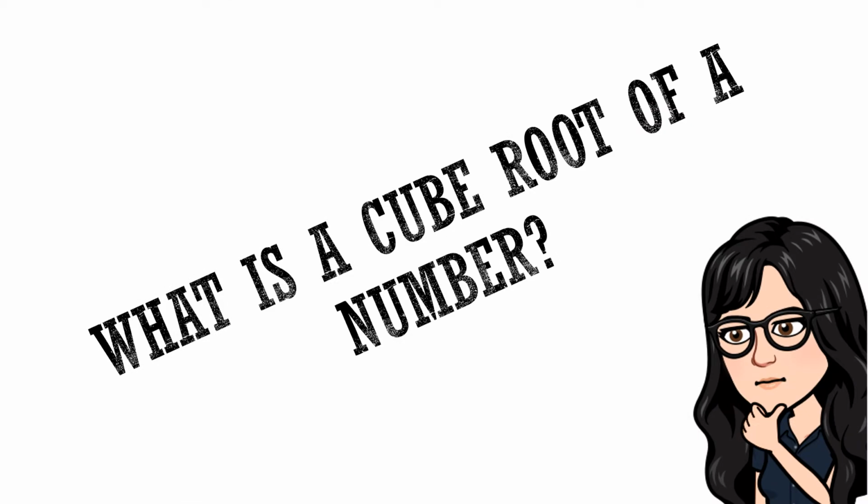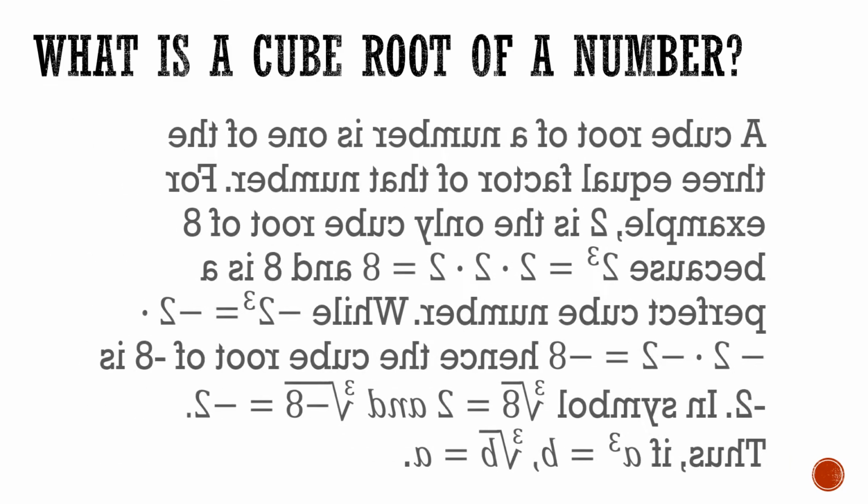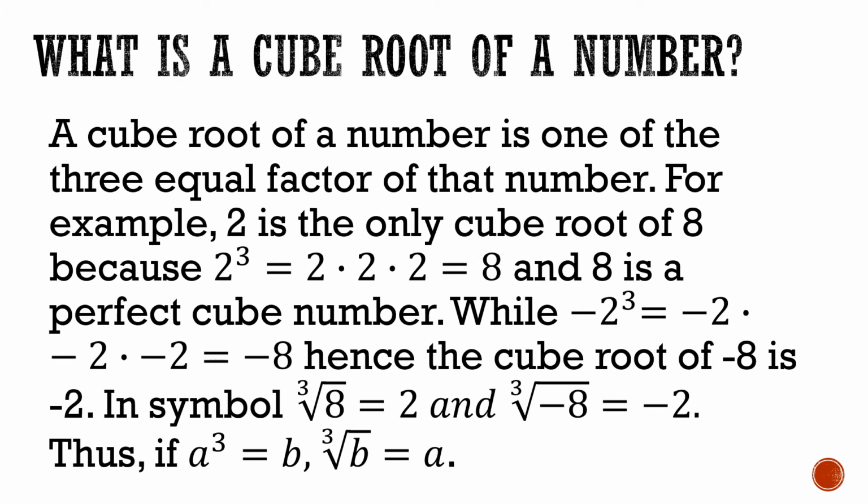What is a cube root of a number? A cube root of a number is one of the three equal factors of that number. For example, 2 is the only cube root of 8 because 2 cubed is equal to 2 times 2 times 2, which is equal to 8.